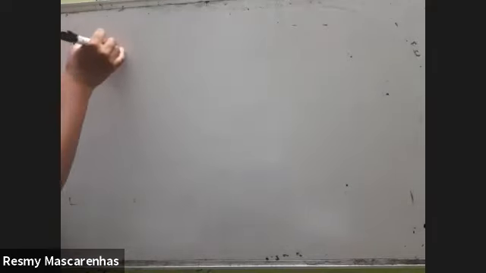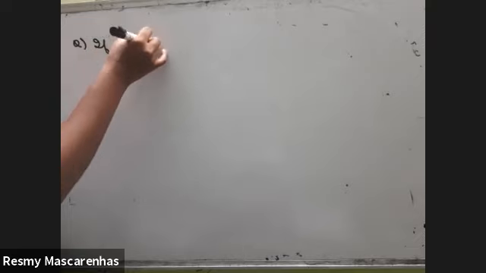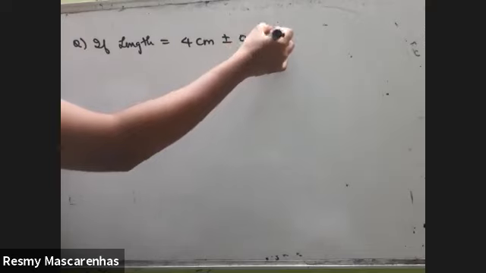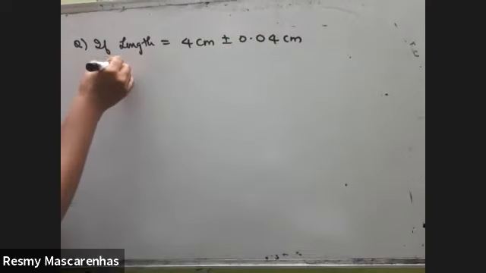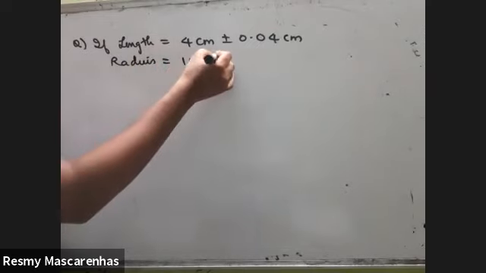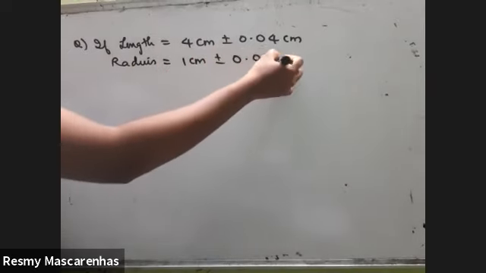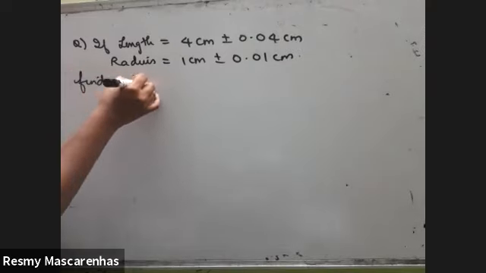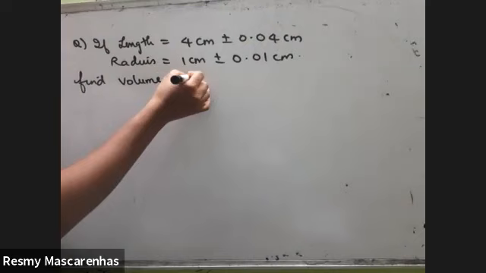The question is, length is given to you as, radius is given as, find the volume of a wire.